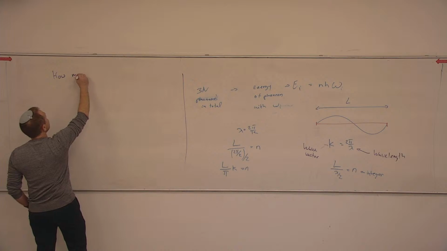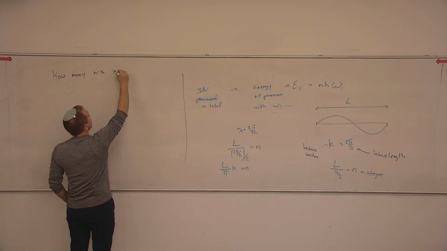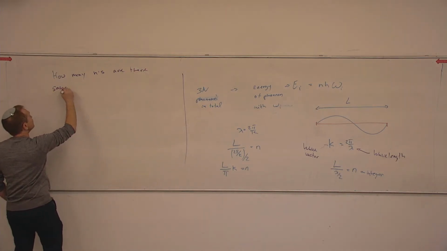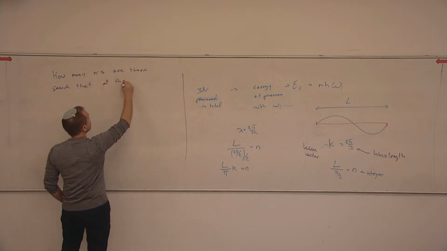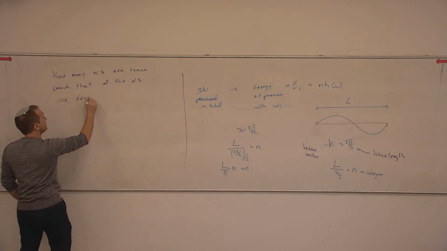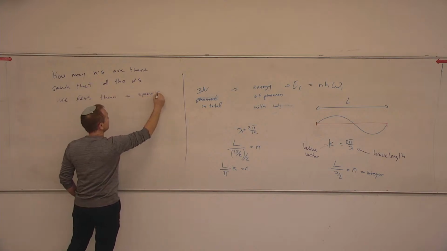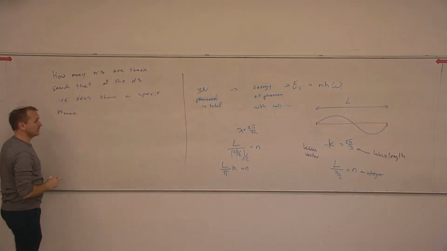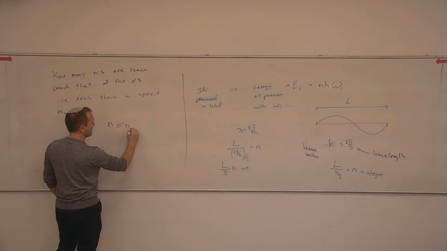How many n's are there such that all the n's are less than a specific n max. So basically I have a restriction, n less than some n max.